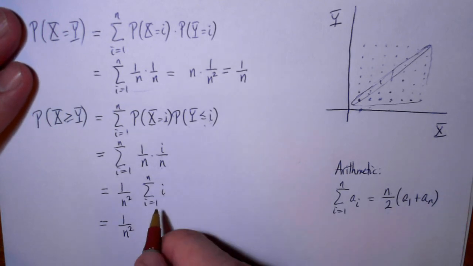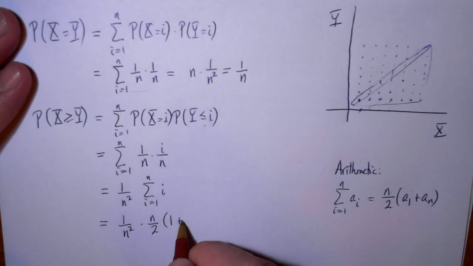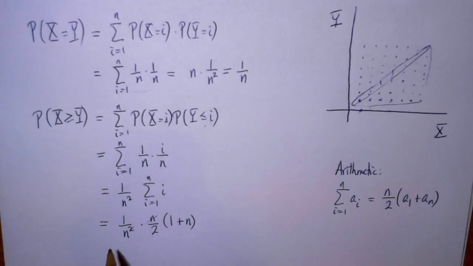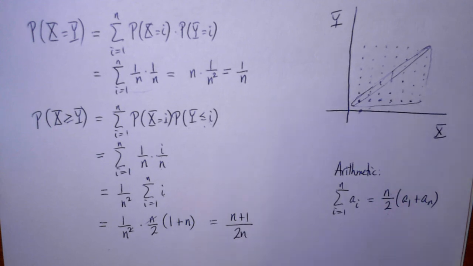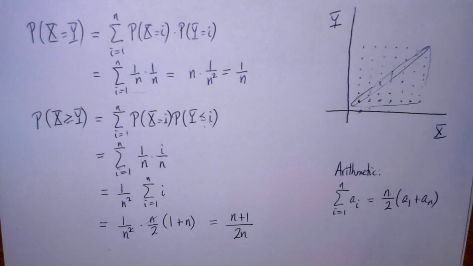So applying that here, I have the number of terms over 2 times the first term plus the last term. And so we simplify this, and we end up that this is equal to n plus 1 divided by 2n. And so that is the formula for the chance that x is greater than or equal to y.